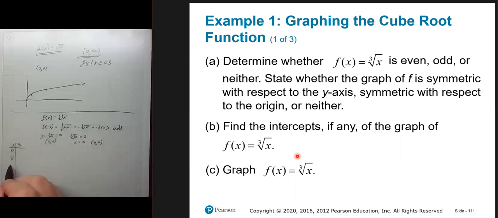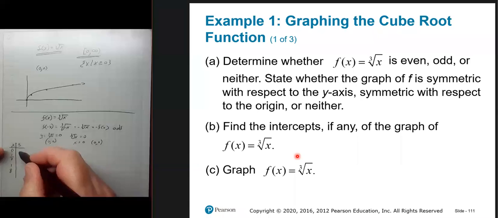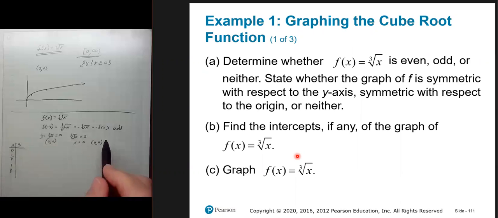Okay, and then 1, and then 8. And because it's an odd function, whatever ordered pairs I get here, I just change their signs, and that'll give me the mirror image through the origin. And so the cube root of 0 is 0.